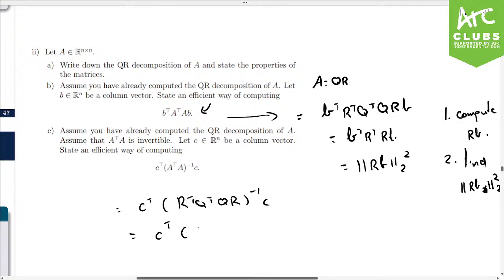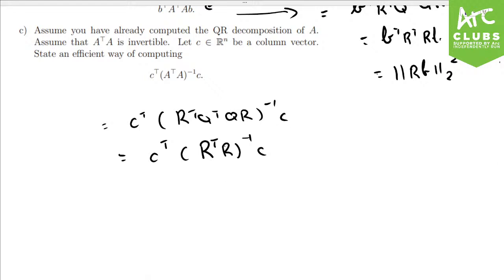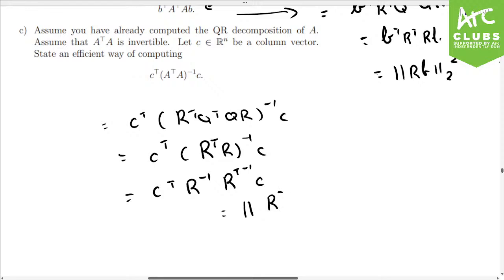So we have this, and then we can write the middle bit as C transpose R inverse R transpose inverse C, and this is the squared 2 norm of the inverse of R transpose times C.